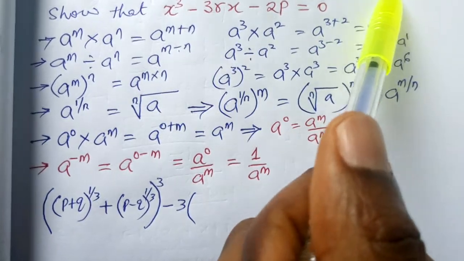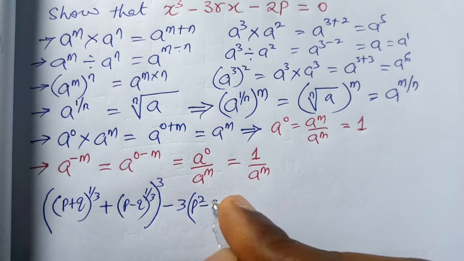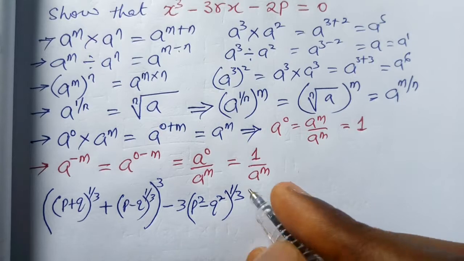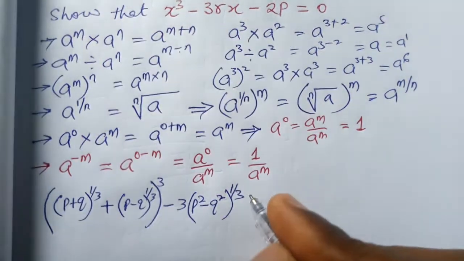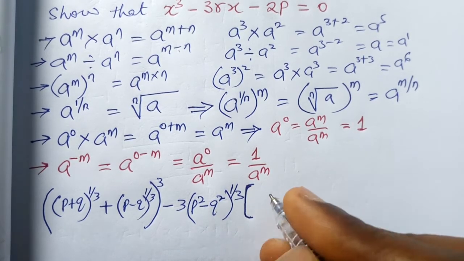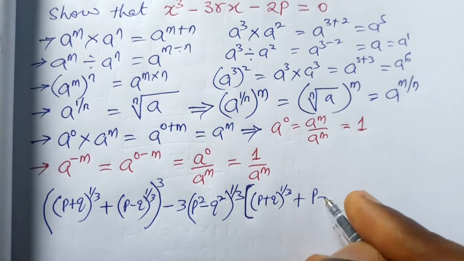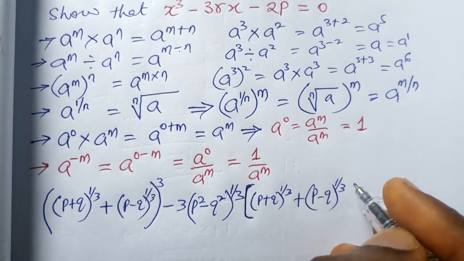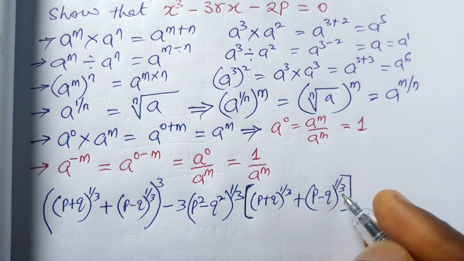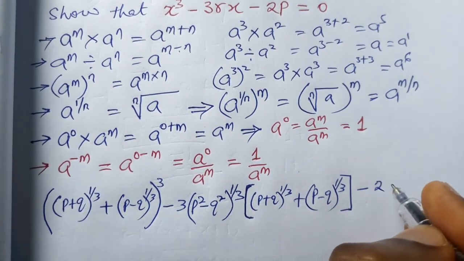R is the cube root of p squared minus q squared, so r is (p squared minus q squared) to the power 1 over 3. Then x is (p plus q)^(1/3) plus (p minus q)^(1/3). That's x, put in a square bracket. So we have got this, then minus 2p.